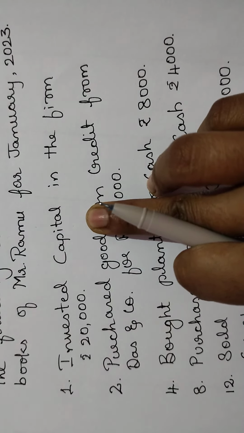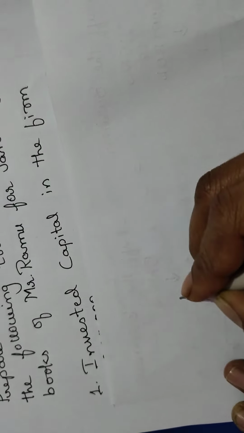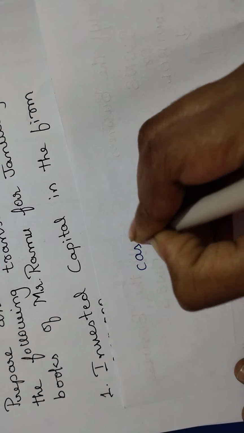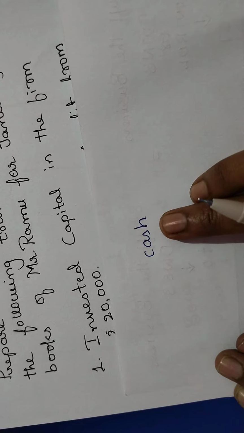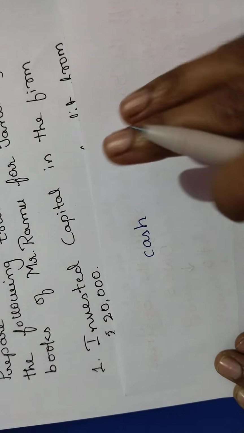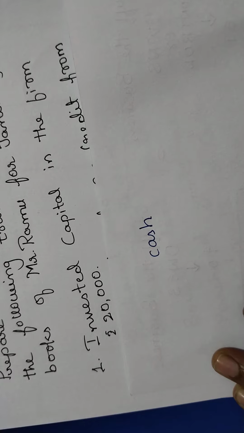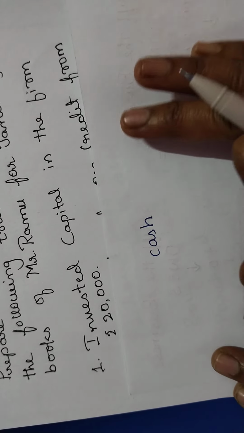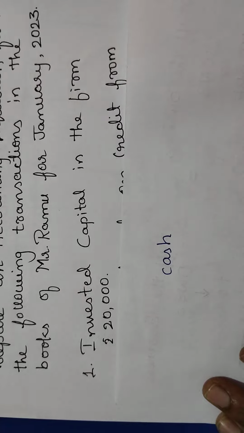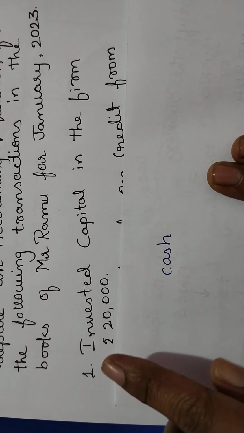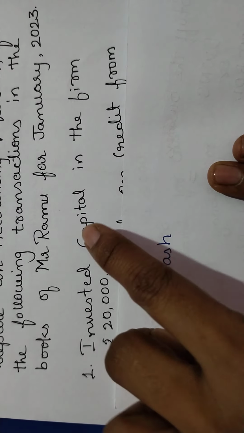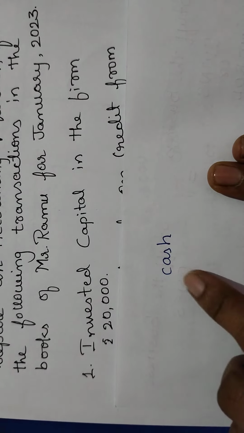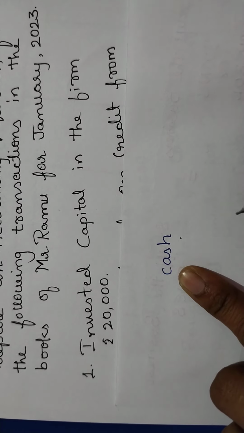So here the two accounts affected are, one is cash, right? The cash is coming into the business. You are the accountant of the business, so you need to understand all the transactions from the viewpoint of the business only. Now what Ramu has done, Ramu invested the cash into the business. So the cash is coming inside the business.